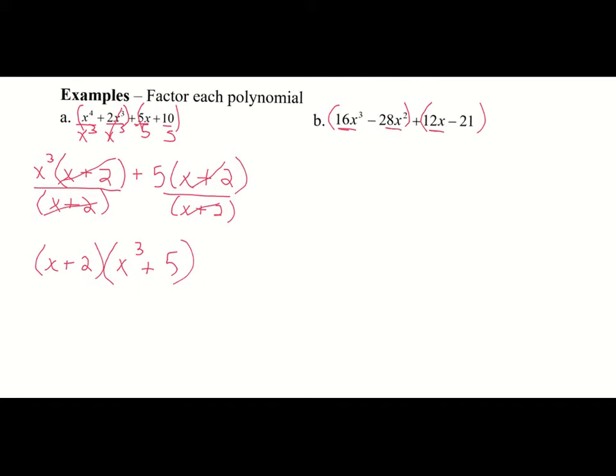So my greatest common factor for 16x cubed minus 28x squared is 4 for the coefficient, and that would be x squared. So I'm going to pull out a 4x squared here.